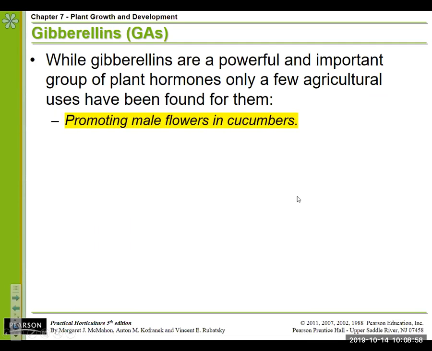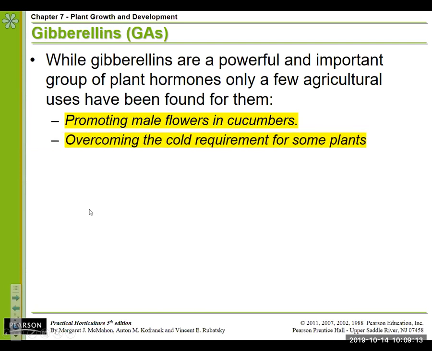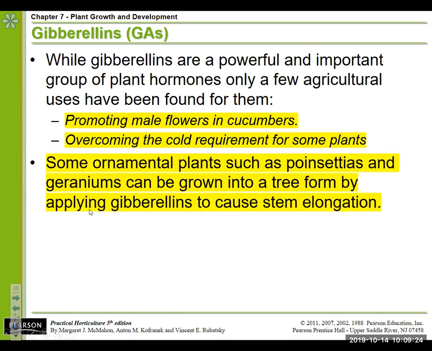So they are very important and powerful for particular types of production, but there aren't a ton of different uses for them. So, I mean, we can promote male flowers in cucumbers. We can use them to overcome the cold requirement for stratification or kind of vernalization in some plants.